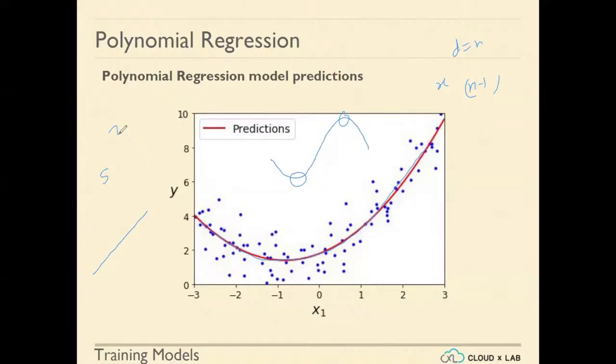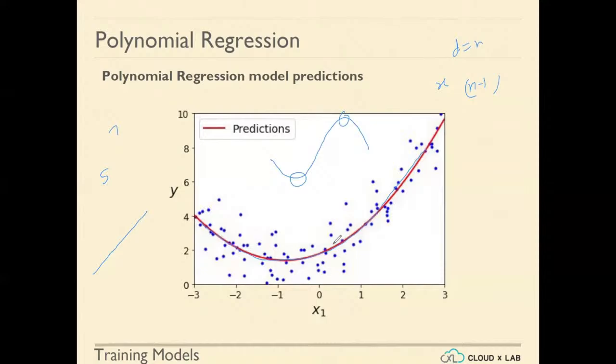For example, if you fit a degree 5 polynomial, it will bend 4 times, so the model will overfit your data. Then you can use a regularization technique, an overfitting preventing technique, to avoid overfitting.